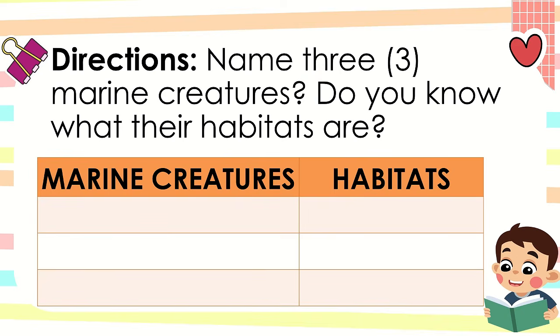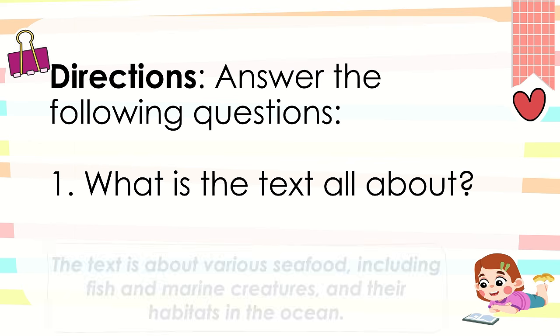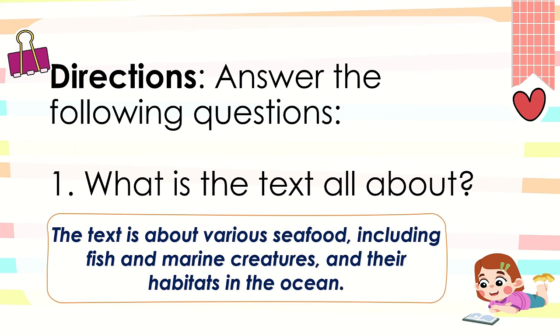Directions: name 3 marine creatures. Do you know what their habitats are? Answer the following questions. What is the text all about? You're right, the text is about various seafood, including fish and marine creatures and their habitats in the ocean.